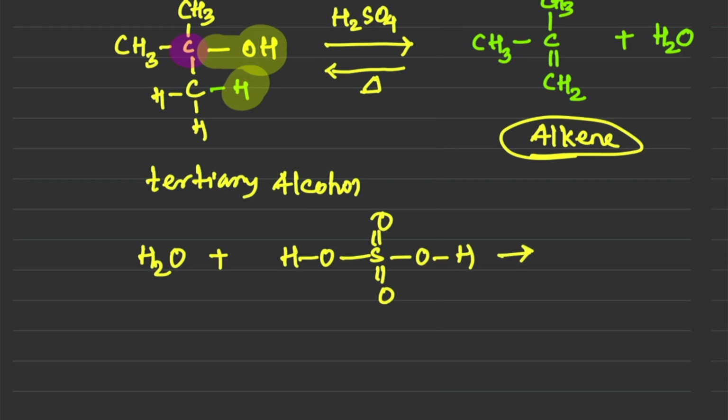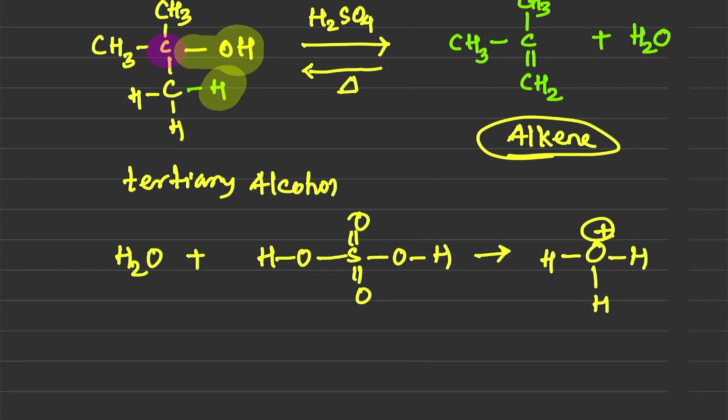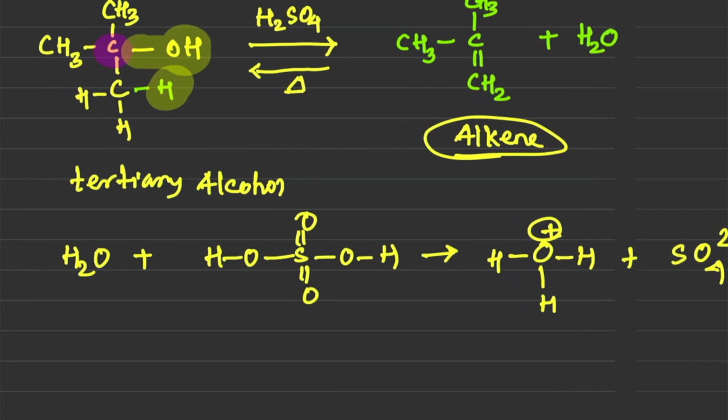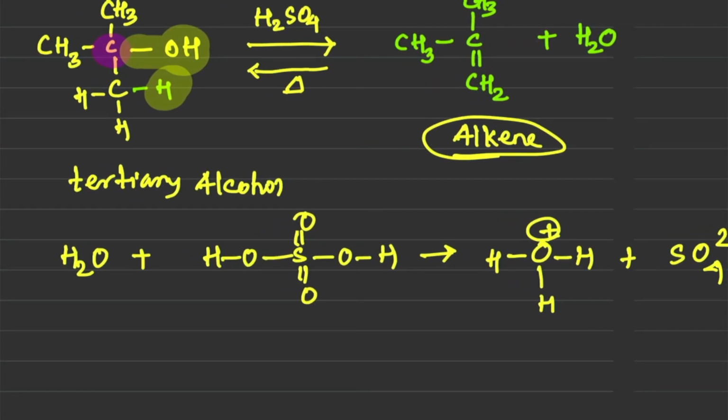When you have sulfuric acid in water, basically what you're making is H3O plus. Maybe I should draw it out completely. And you are making SO4 2 minus, because sulfuric acid has two acidic protons, one here, one here.